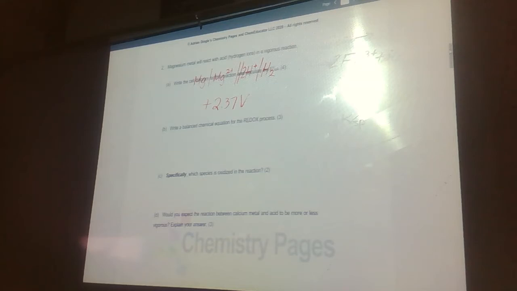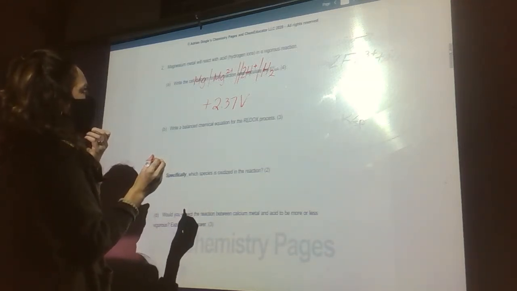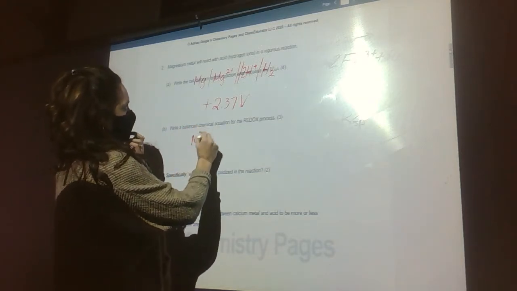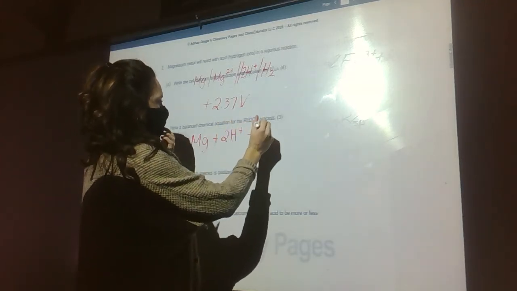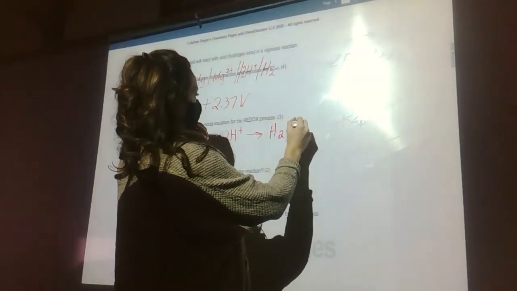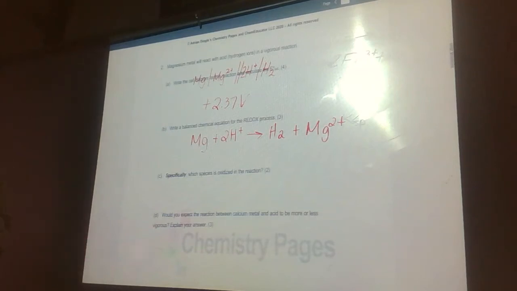Write a balanced chemical equation for the redox process. So magnesium is oxidized. Hydrogen is reduced. Specifically, which species is oxidized in the reaction?